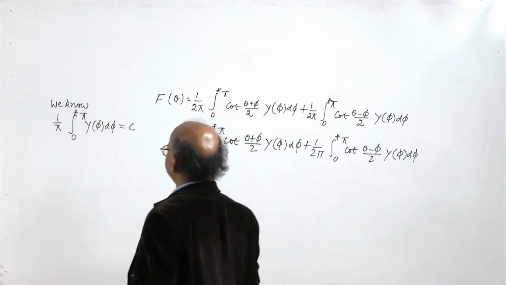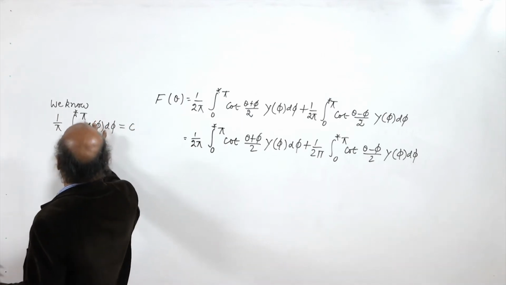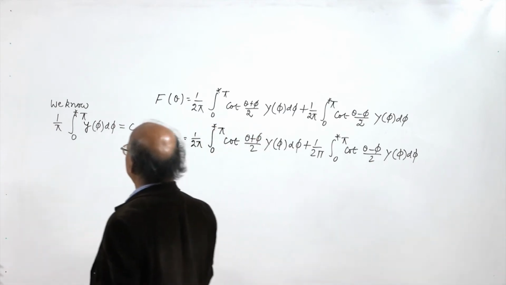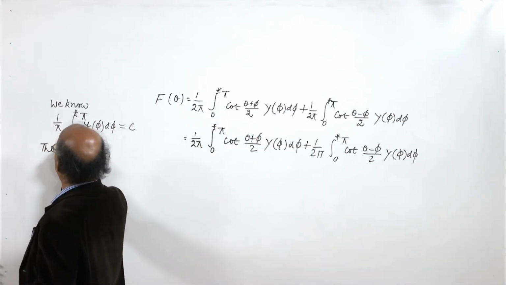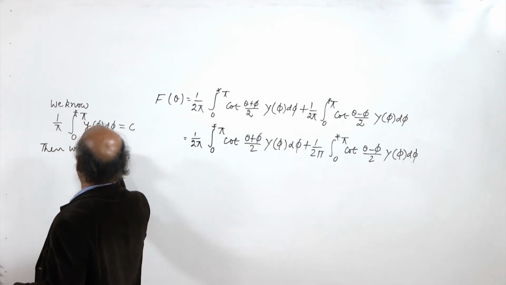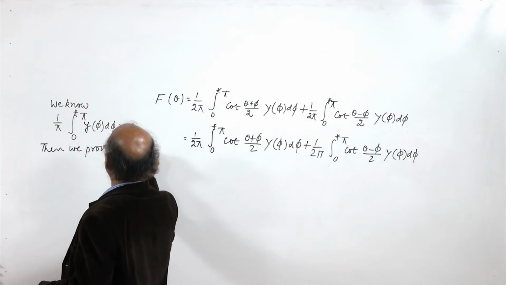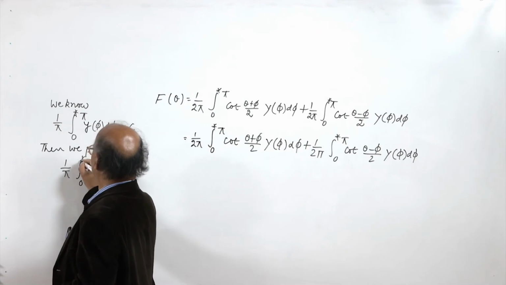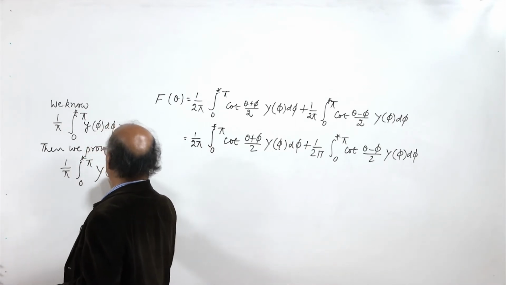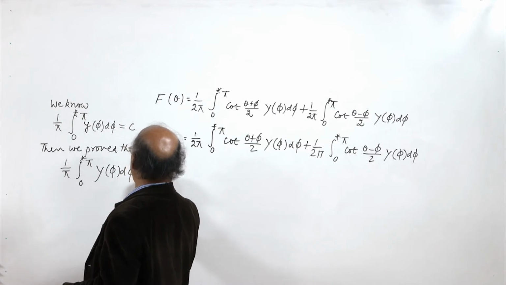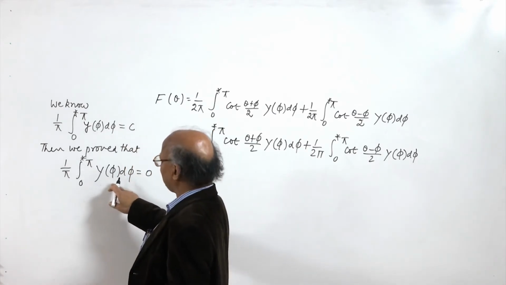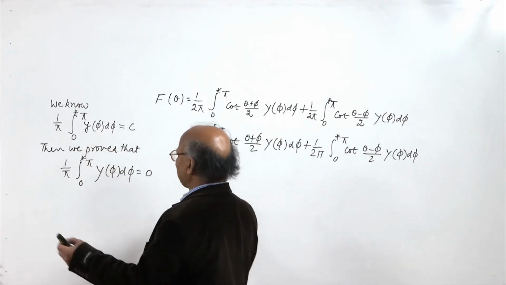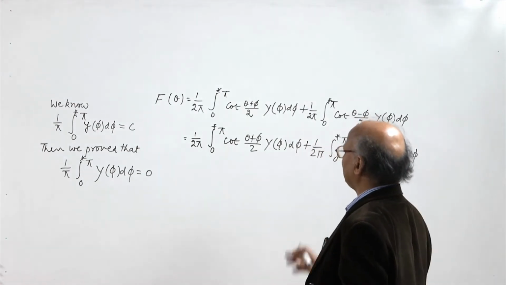Then we proved that 1 over pi integral 0 to pi of y phi d phi equal to 0, where we replaced y phi by small y phi minus c, and then we separated the two integrals and got that this value is equal to 0.